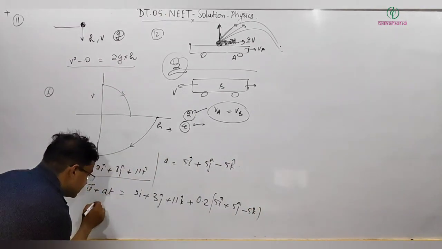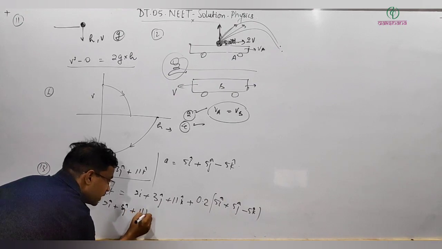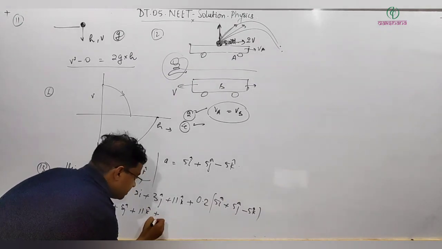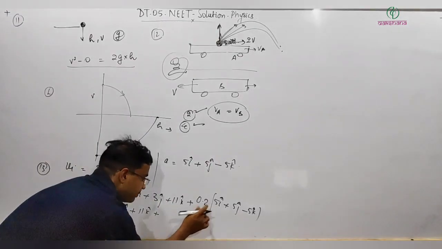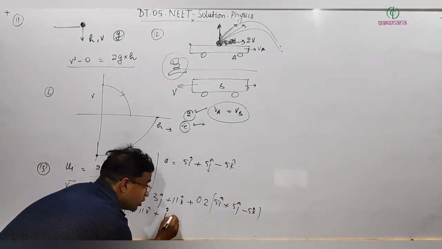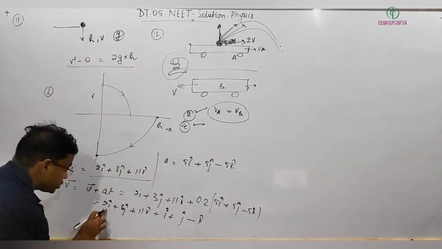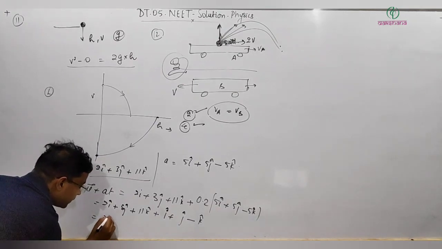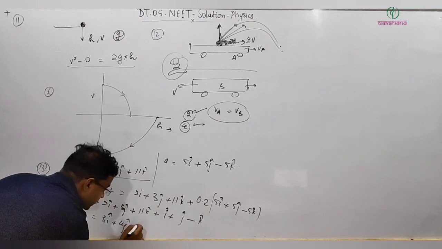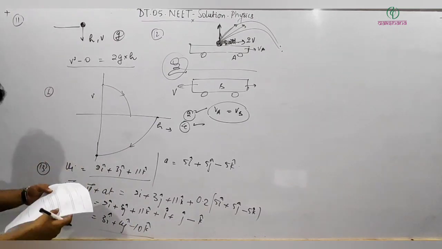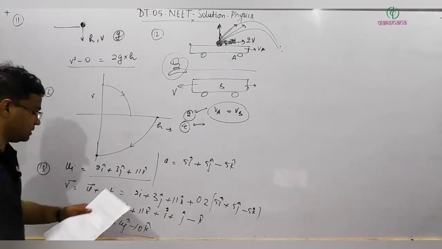Multiplying it, what will it be? It is 2i cap, 3j cap, 11k cap, and on multiplying, 0.2 into 5 it will be 1, so i cap plus j cap minus k cap. Now simplifying it, 2 and 1 is 3 i cap, 3 plus 1 is 4 j cap, 11 minus 1 is 10 k cap. That will be the final velocity, and see which option matches. This is question number 13.